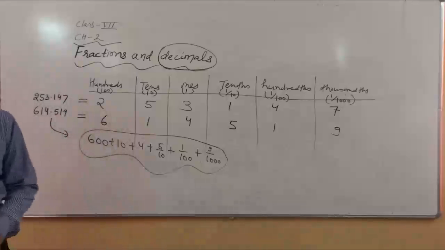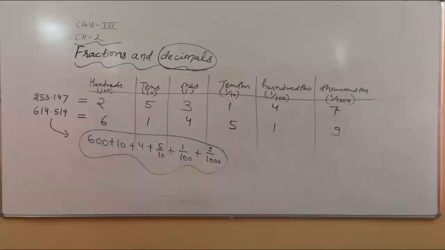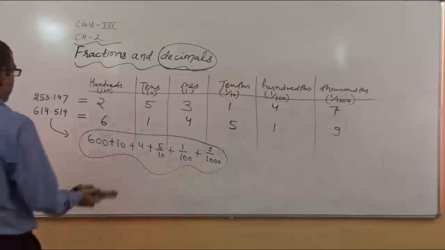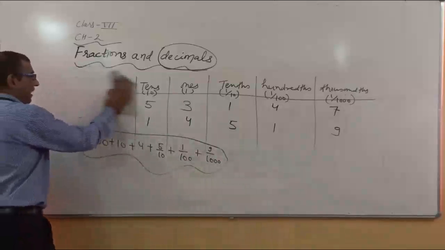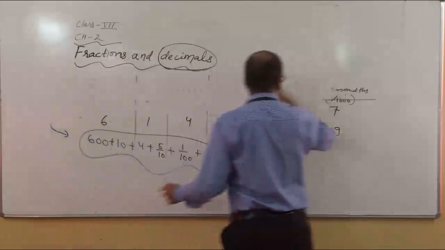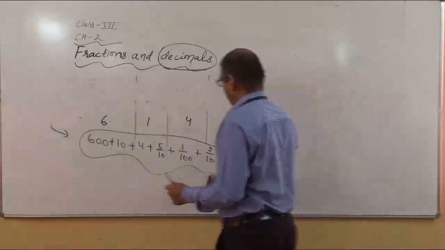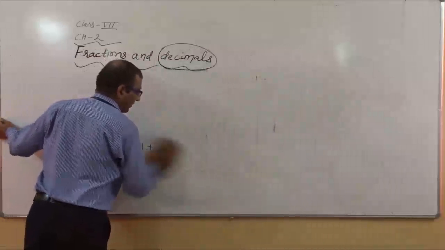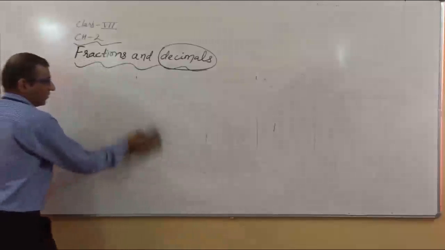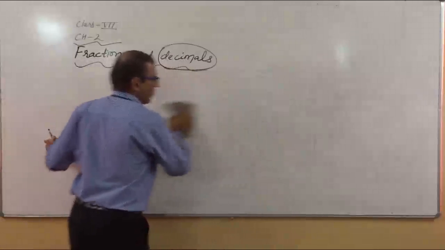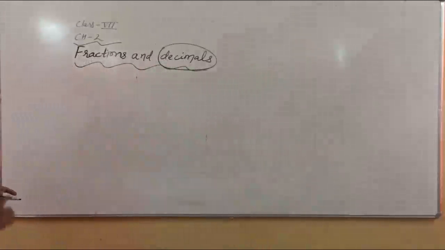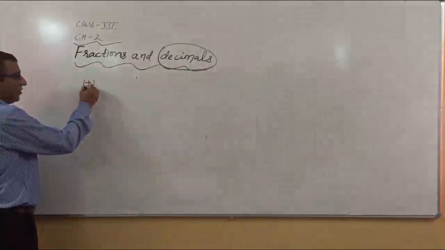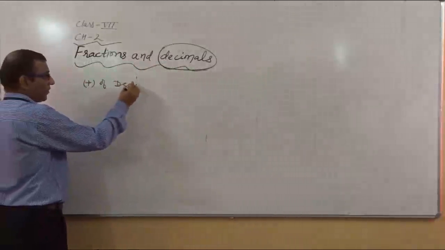So I hope with this table you will add, subtract, multiply, and divide any type of decimal number. First I am telling how we can add decimal numbers. And I hope you learned this in your quiz class also. So first we will go with the addition of decimals.